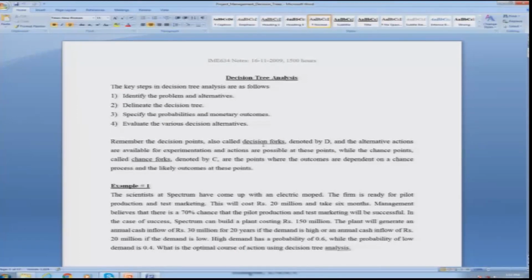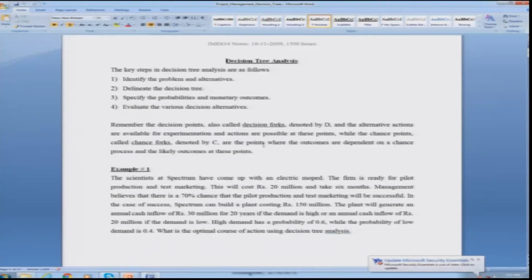Now I have shifted from PPT to a Word document, because drawing the diagram with all the decision nodes was much easier in Word, even though there are other software you can use.